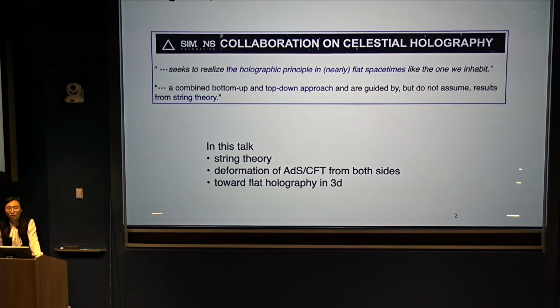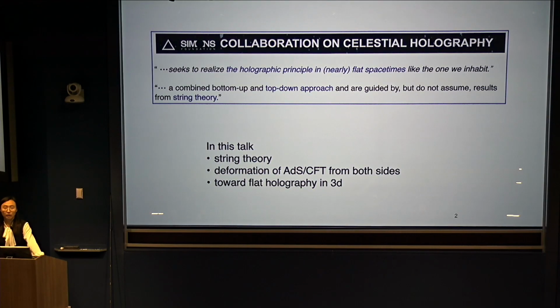As we all know, AdS₃ was first constructed in string theory. So today I'm going to start from an explicit model of AdS₃ constructed from string theory. And then I would like to deform this duality from both sides.